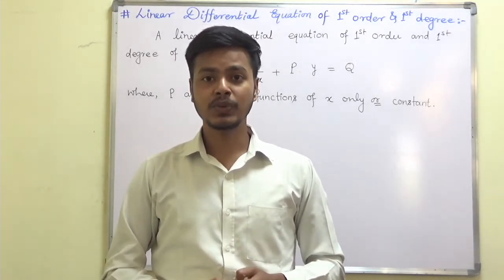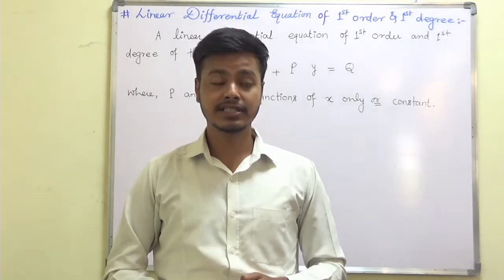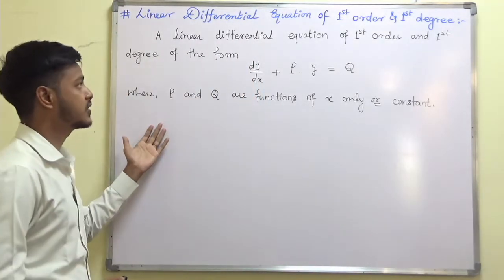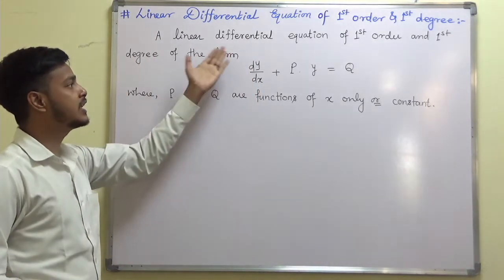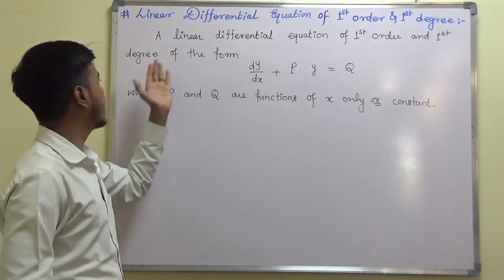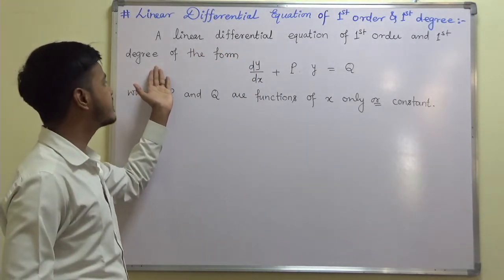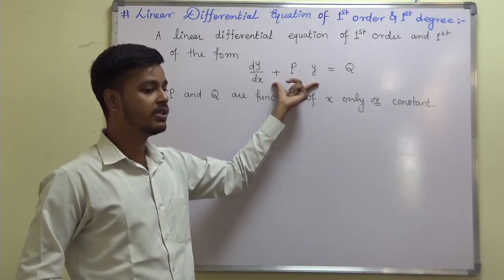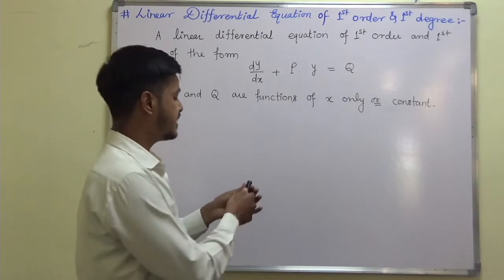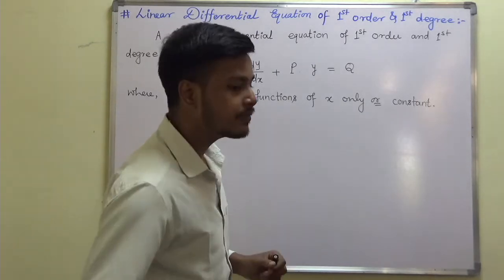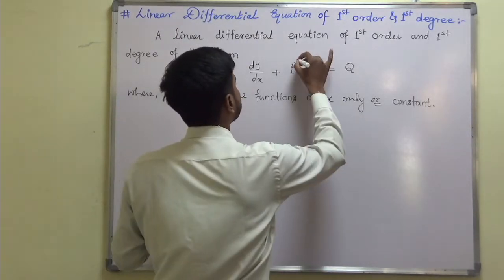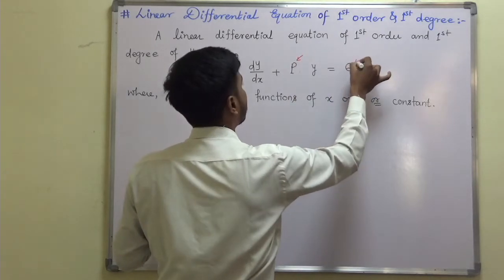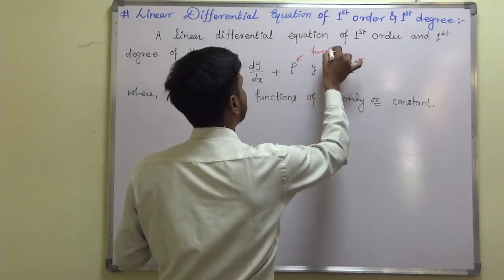Okay, so let us start with this linear differential equation. A linear differential equation of first order and first degree of the form like this is a linear differential equation. And this P and Q are functions of x only or just constants.